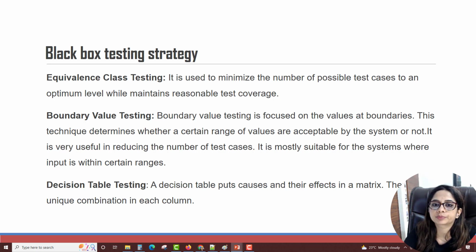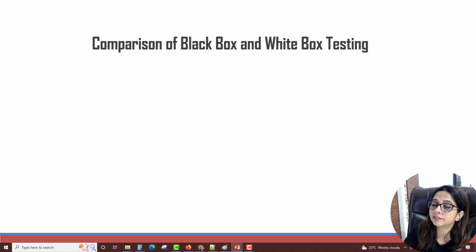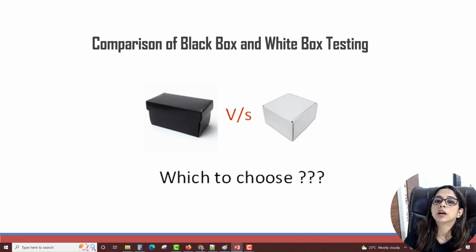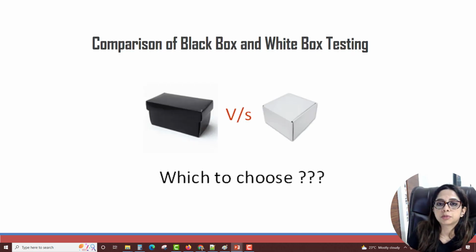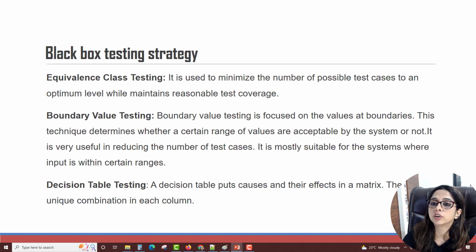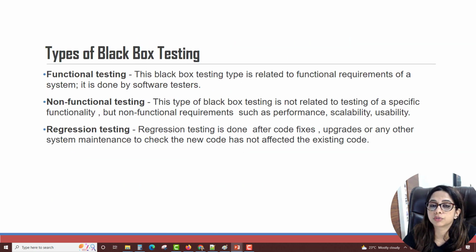Now comparison, very important. The comparison between black box and white box: which one to choose? It entirely depends on what kind of testing we want to do. When we want to focus on the functionality and non-functional aspects of a software, and if we want to do regression testing, we'll choose black box testing.